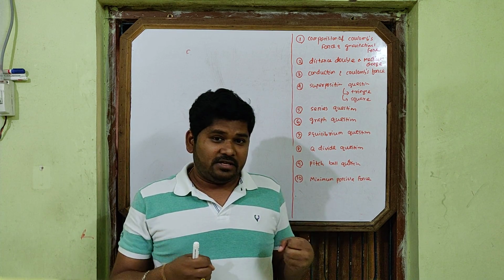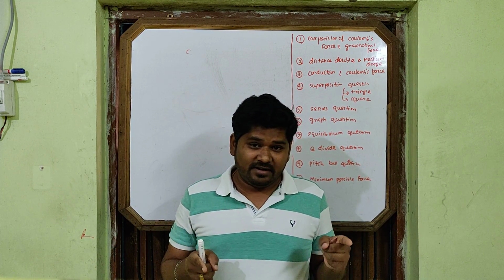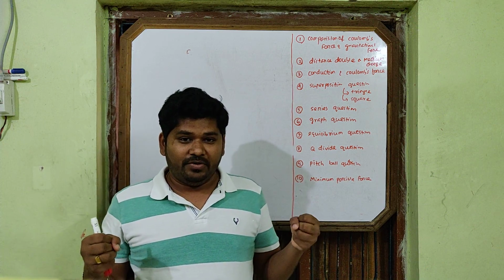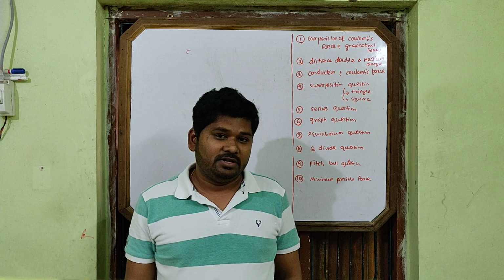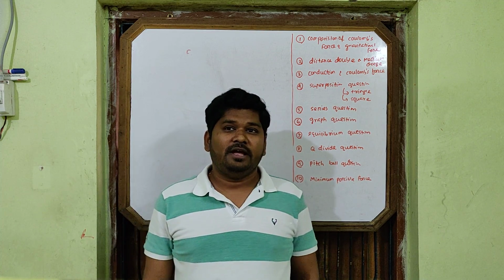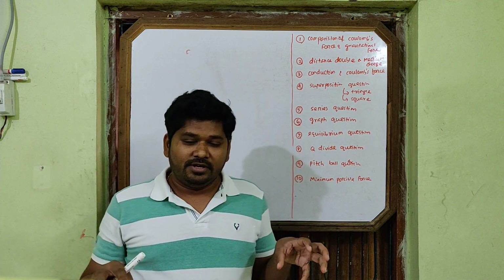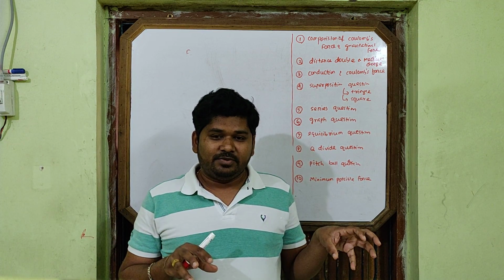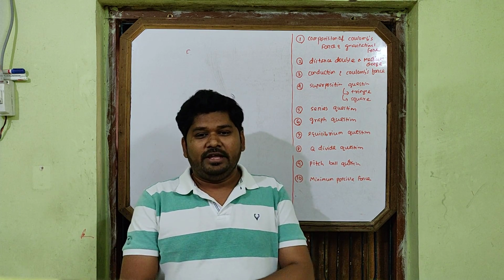I have also told you that if they are identical in shape and size and of the same material, then the charges divide equally between them. But how will the question come in the exam? The question will come like this: two bodies, one is positive, one is negative. What is the nature of force between them?